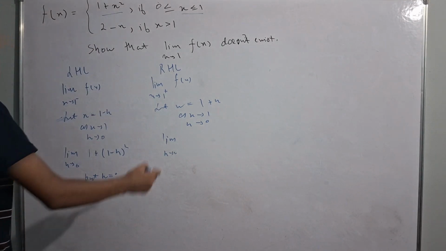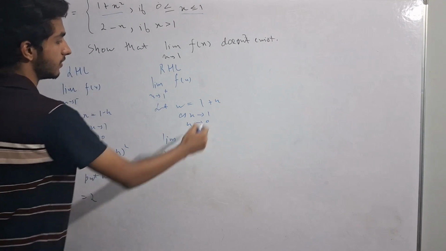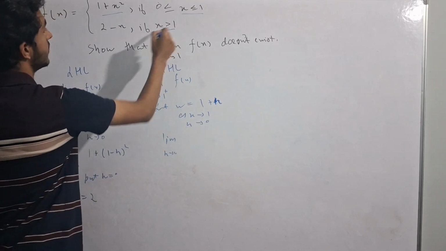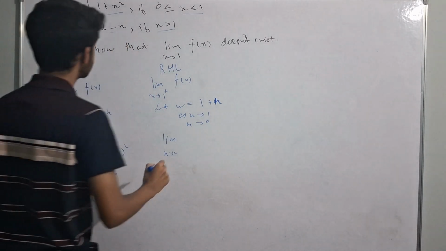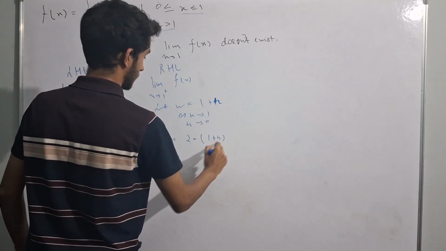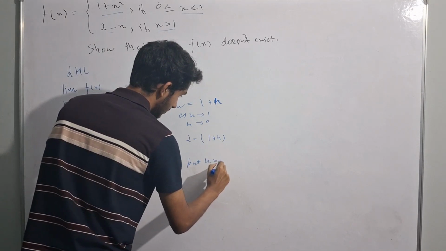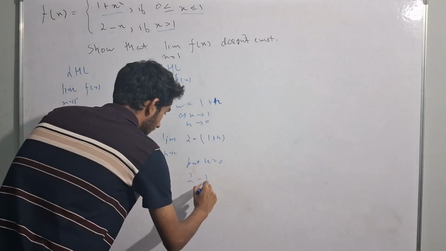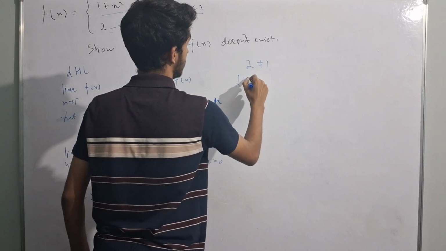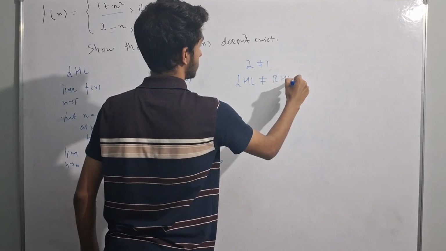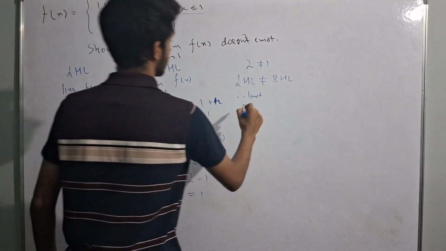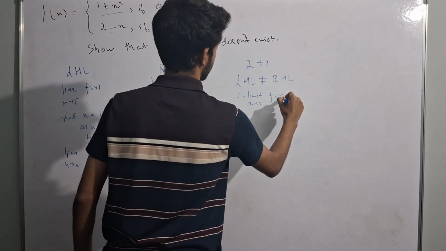Now we have to pick the case in which x is greater than 1, so we'll use this equation: 2 minus 1 plus h. Put h equal to 0. We get 2 minus 1 is equal to 1. So we can clearly see that 2 is not equal to 1. Therefore, the left hand limit is not equal to the right hand limit. Hence, limit x tends to 1 of the function of x does not exist.